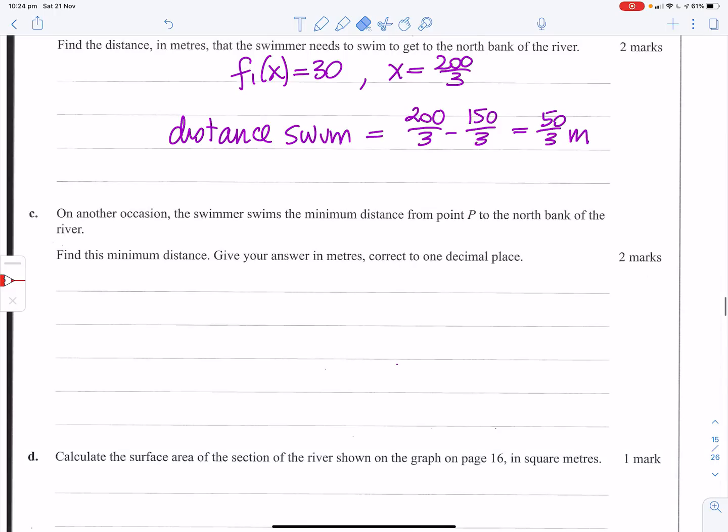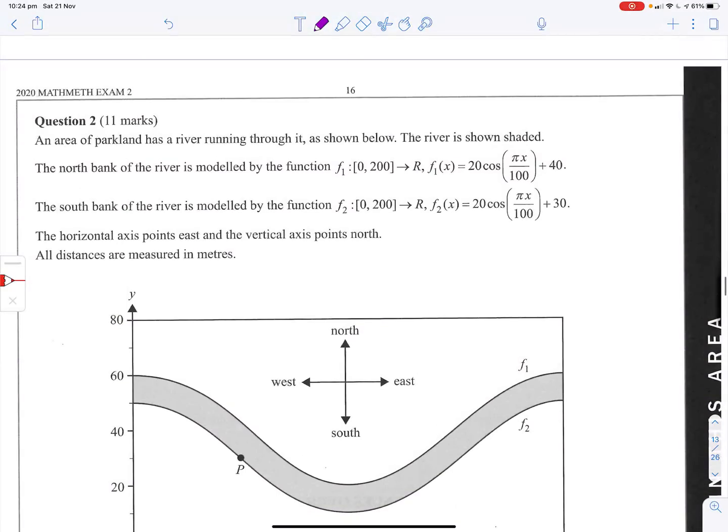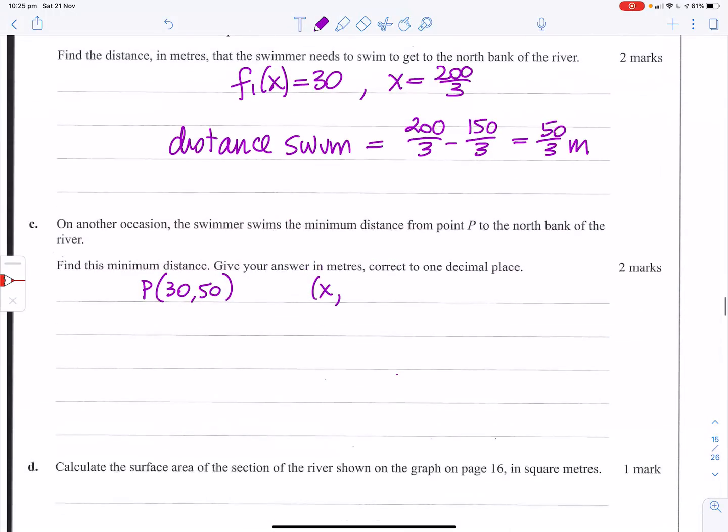So we've got the point P, which is 30, 50. We've got the other point on the other side, that's the point X. The north one is f1 of x.